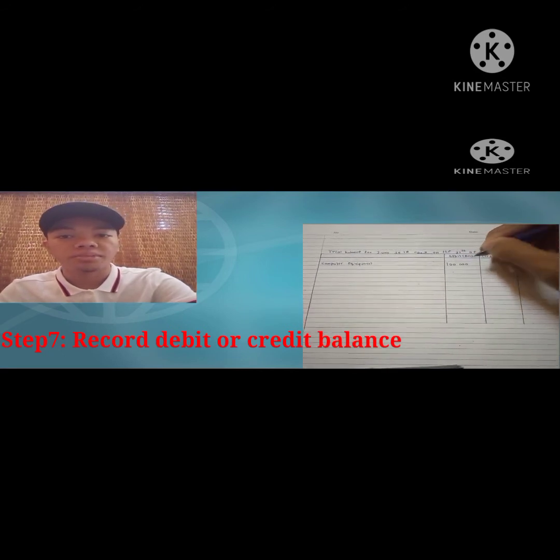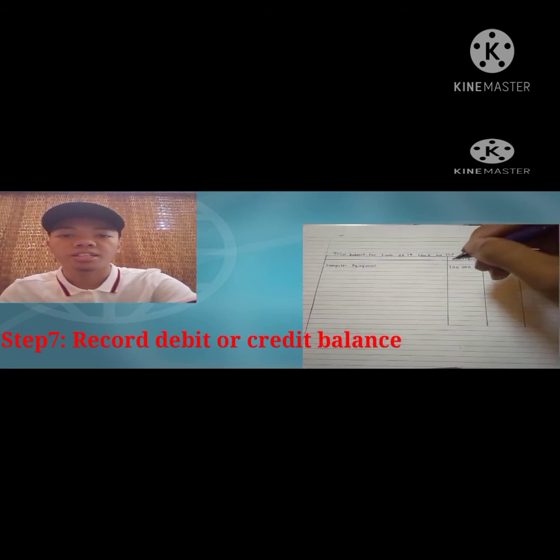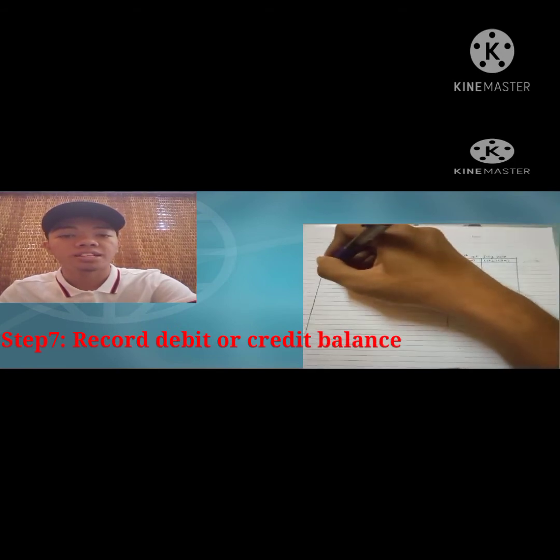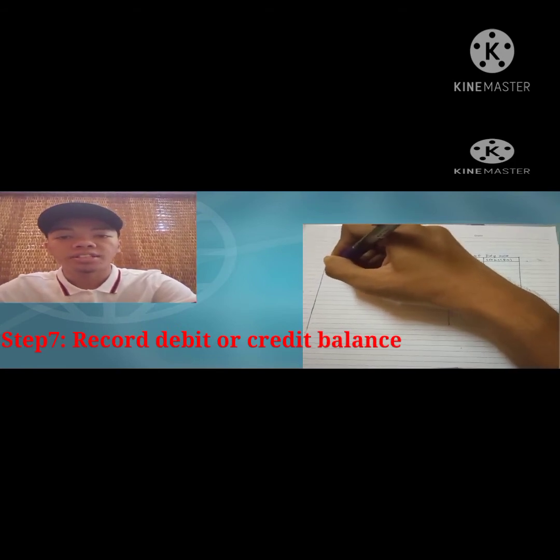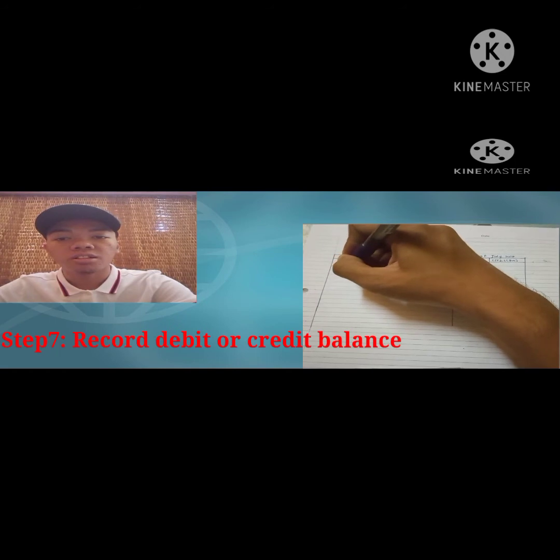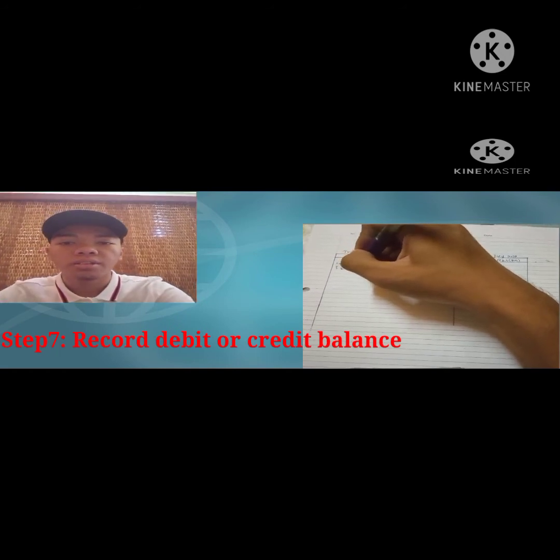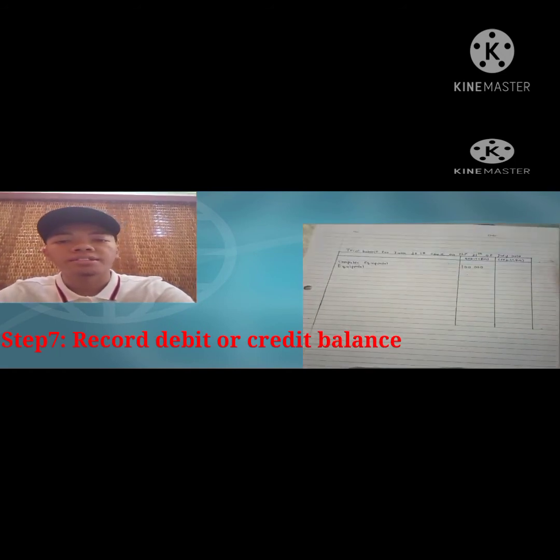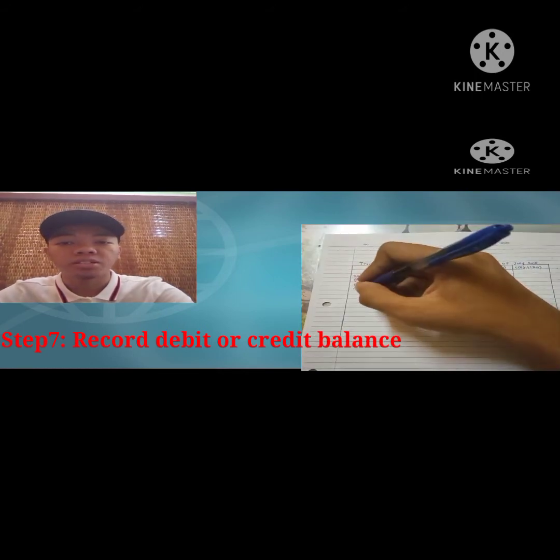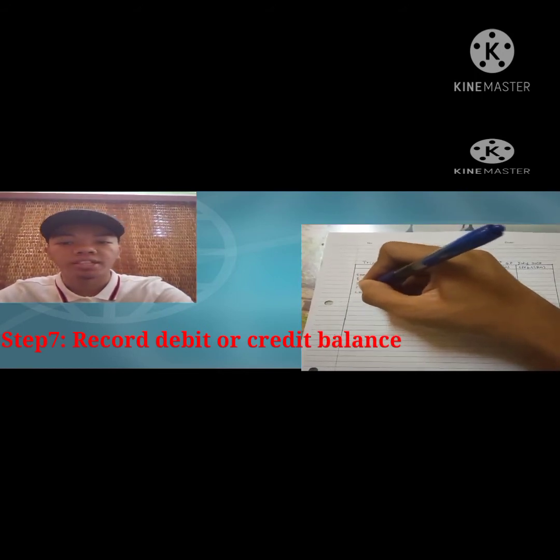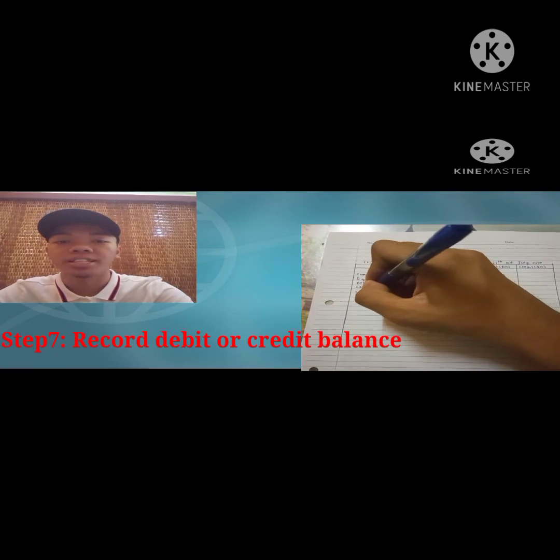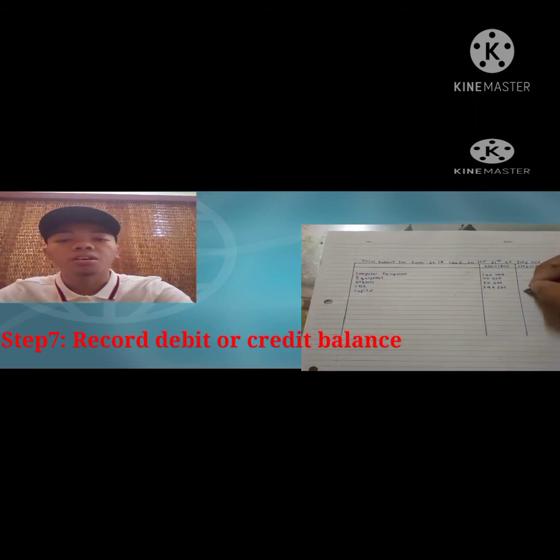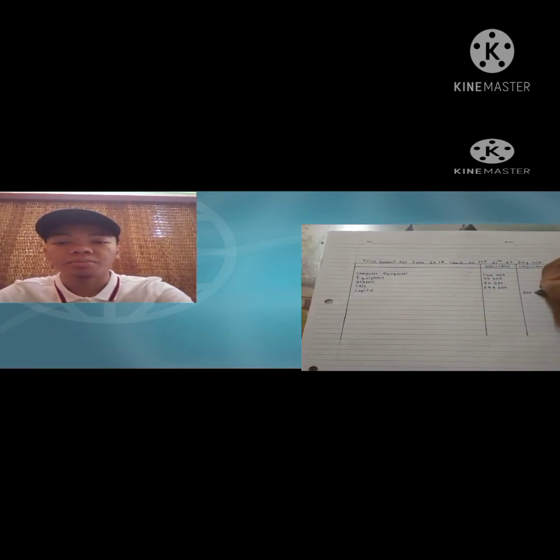The remaining credit balance of the capital account of 600,000 is recorded in the credit column of the trial balance. Similarly, the remaining debit or credit balances of all the accounts of the ledger are recorded in the debit or credit columns of the trial balance respectively.